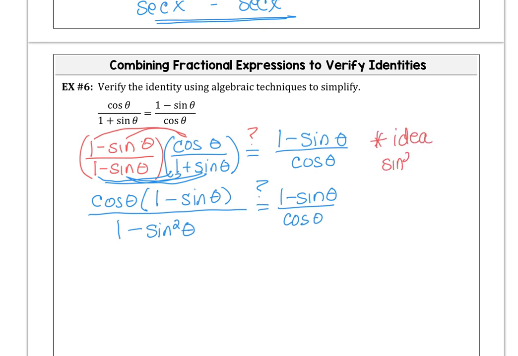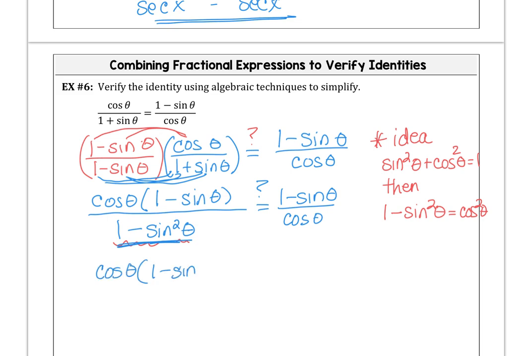My idea was sine squared plus cosine squared is 1. And if we simplify, 1 minus sine squared, see it? 1 minus sine squared is equal to cosine squared. So we can replace the denominator, 1 minus sine on the top.